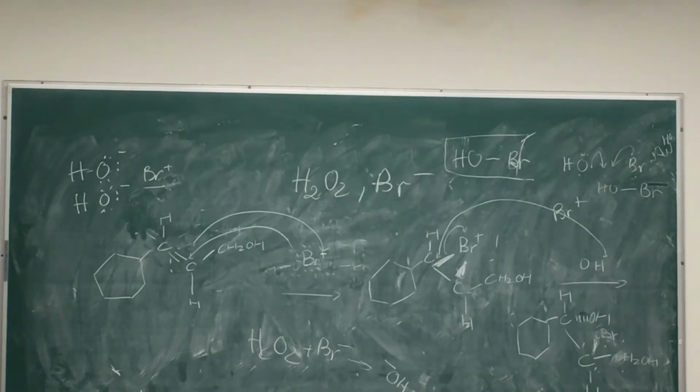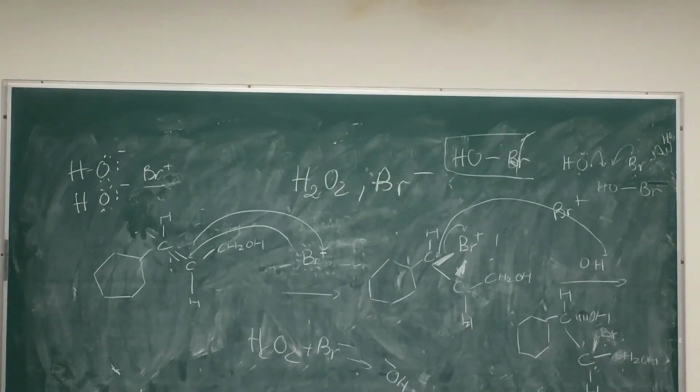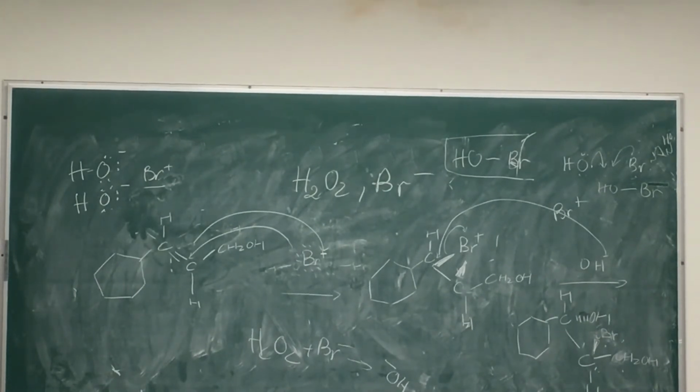Instead of water, that is just an OH group. And then what happens next? I don't want this positive charge here. I need to neutralize it. Neutralize it for me. You can use any base, right? Base, anything. Come here, neutralize it. Ta-da! Done.